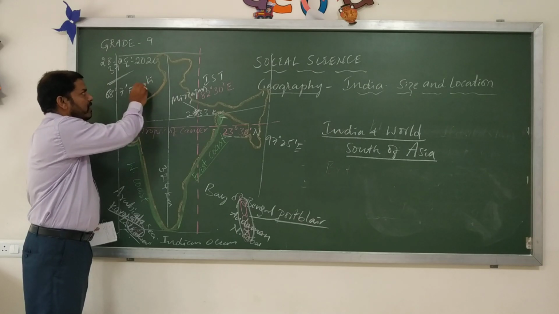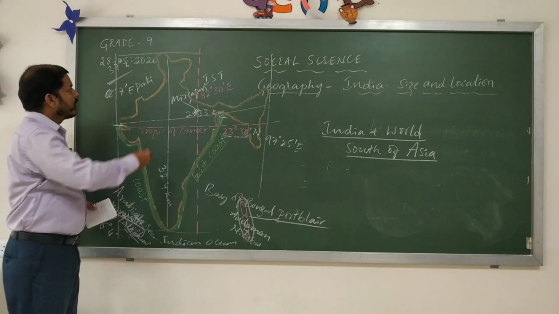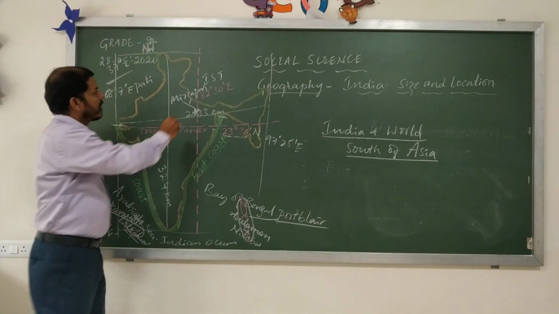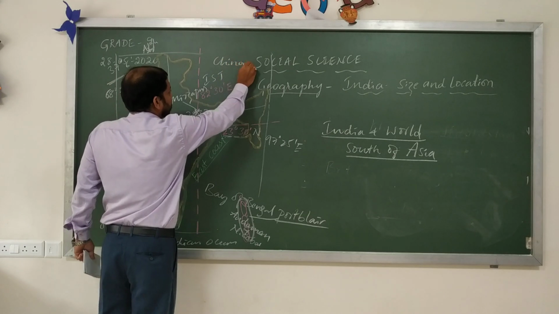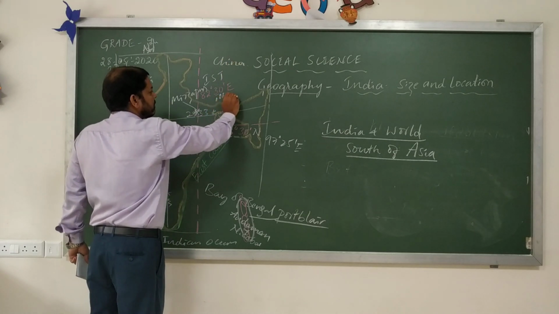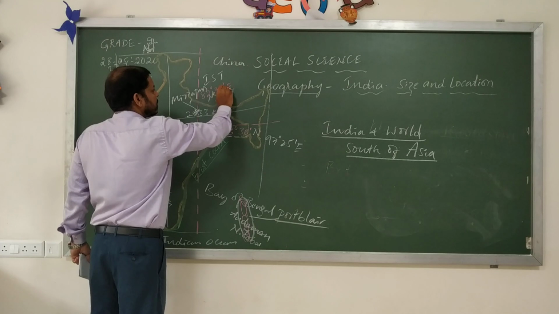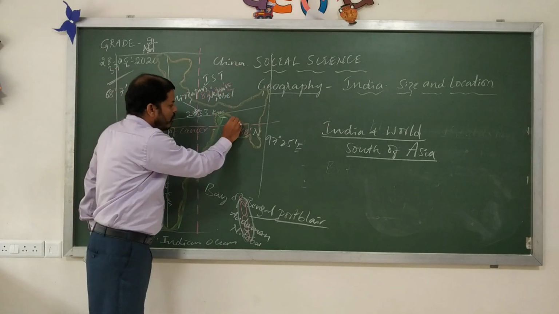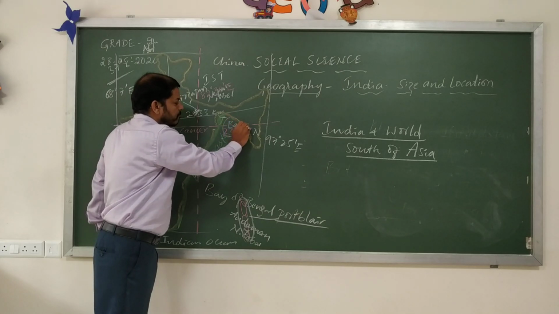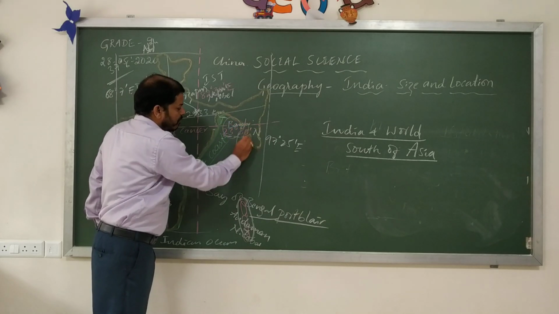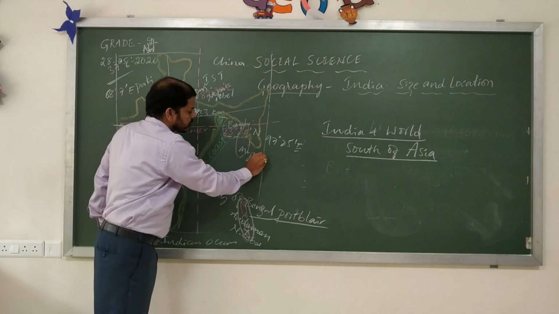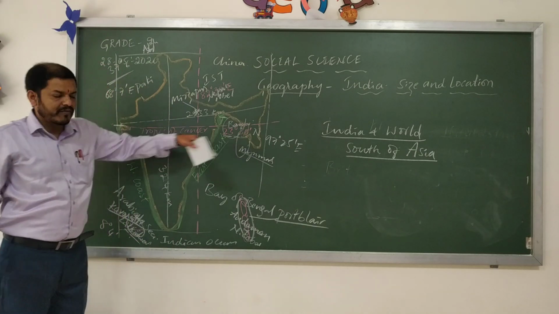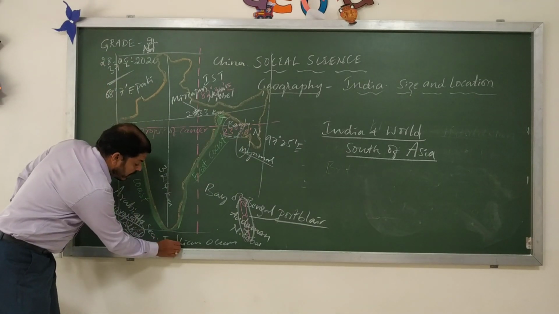Here, Pakistan in the northwest, and we have Afghanistan here, and we have China and Tibet, Nepal. These are on the north side, and we have Bangladesh here, Bangladesh and Myanmar. Myanmar is another country which shares a boundary with our country.